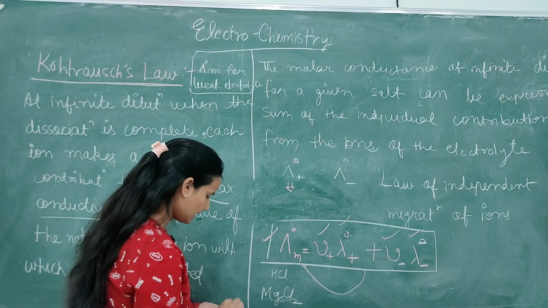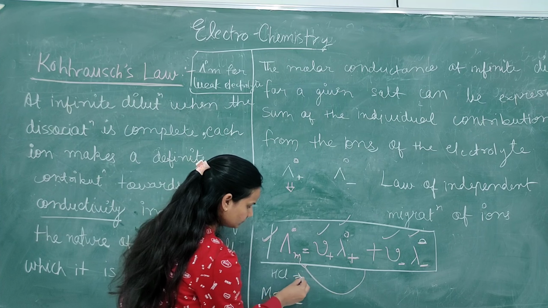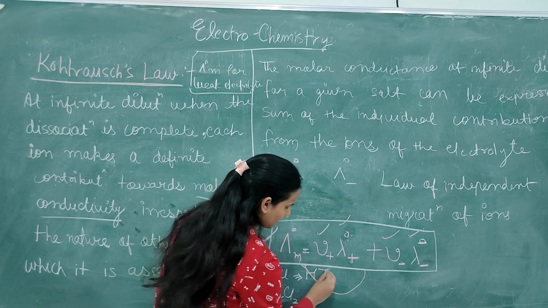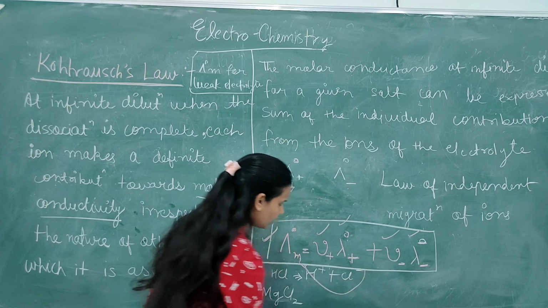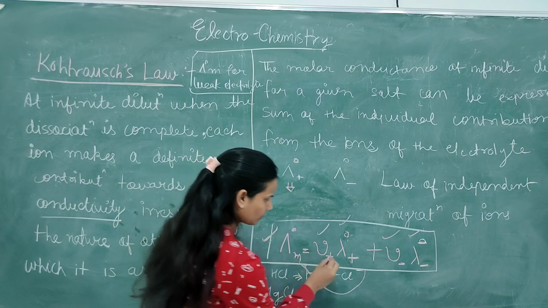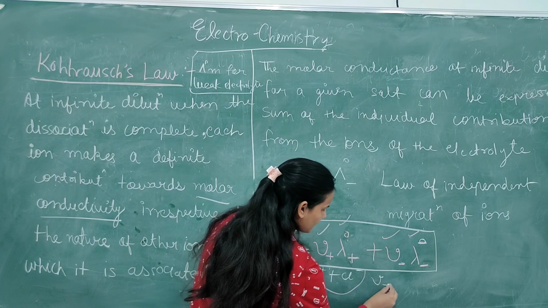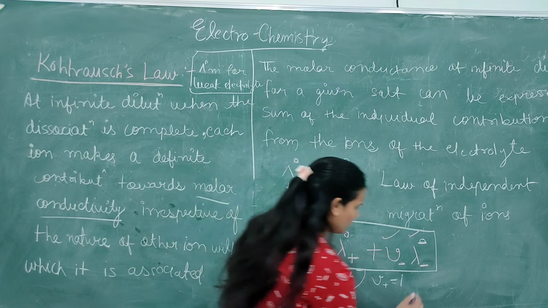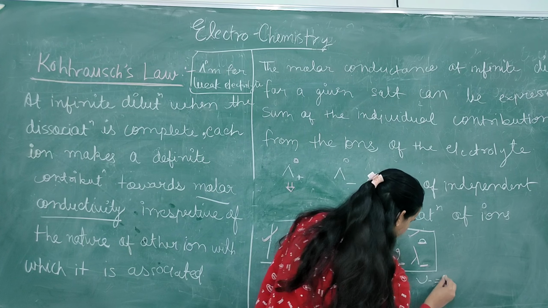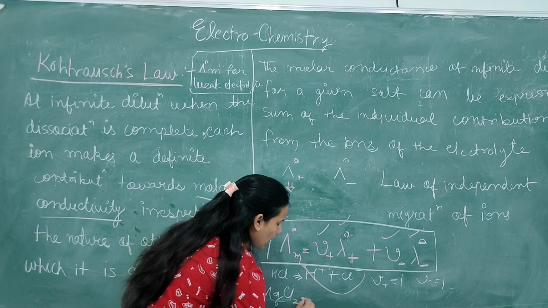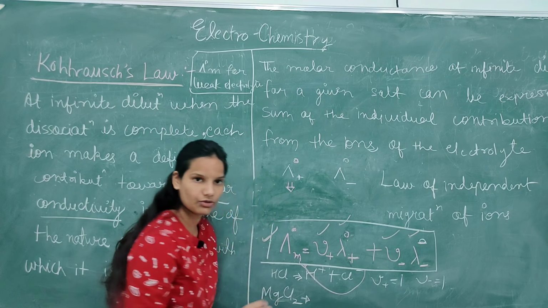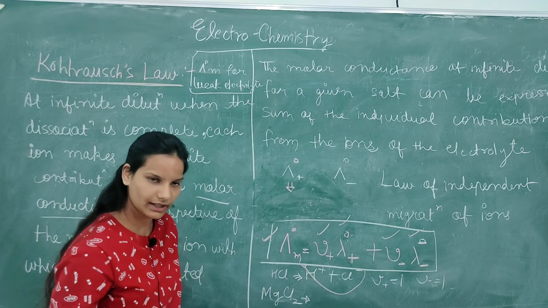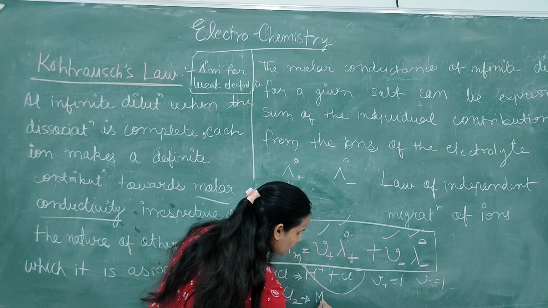Suppose you have HCl, it will dissociate into H positive plus Cl negative. The number of cations is 1, so nu positive for HCl will be 1. One chloride, so nu negative also will be 1. For MgCl2, how will it dissociate? I think you should know the basic dissociation, how they get dissociated.